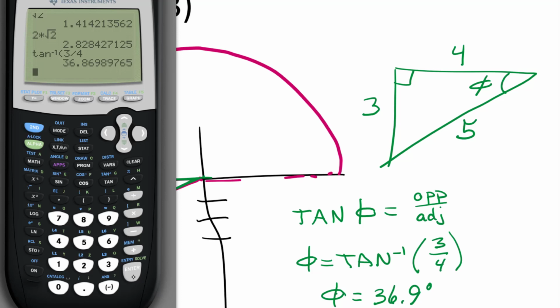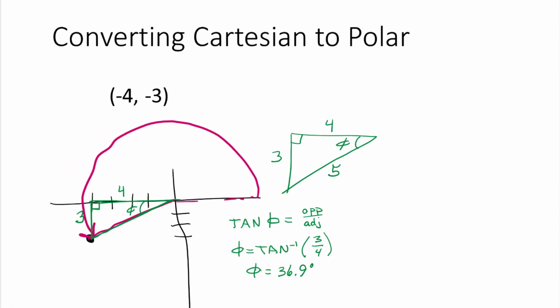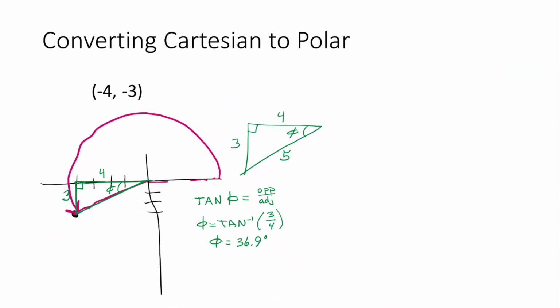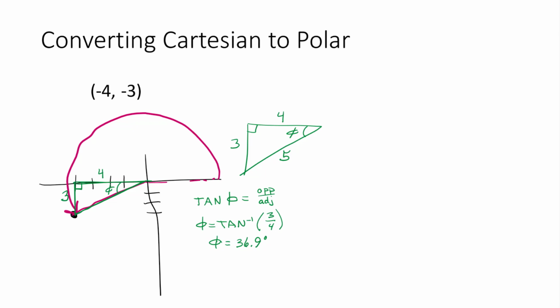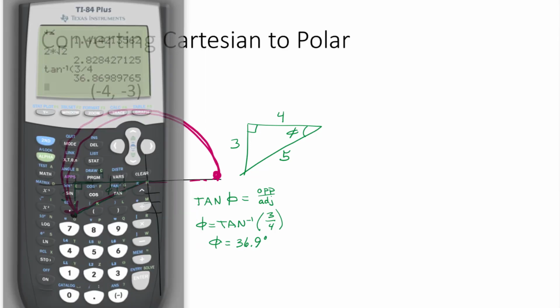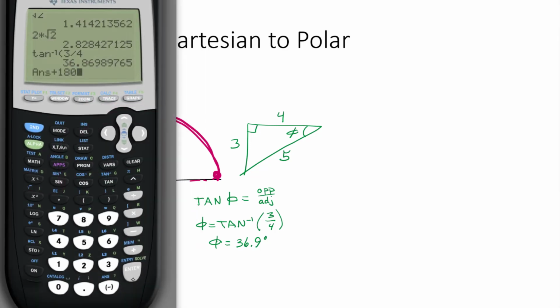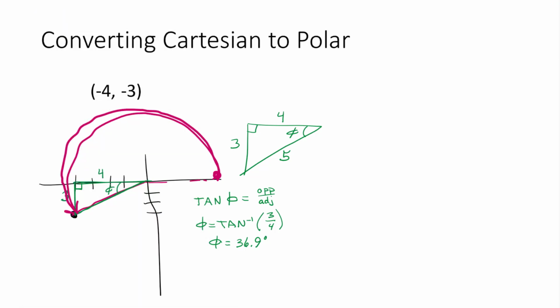Now, that's not the theta I'm actually looking for, right? Because in real life, I had to go all the way around. It started here, and it went all the way around. So it actually went 180 plus that little bit. So I need to add 180 to that. So I end up with 217.